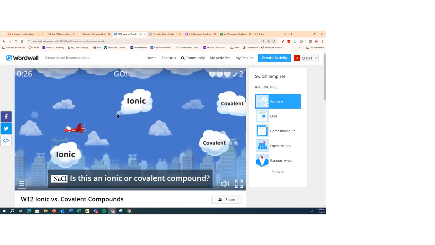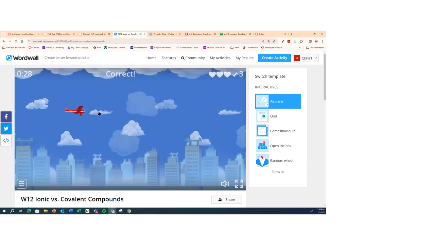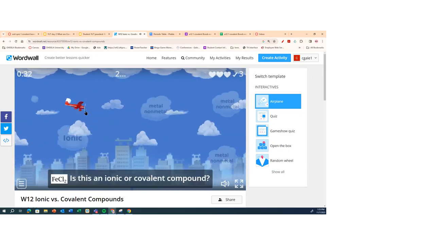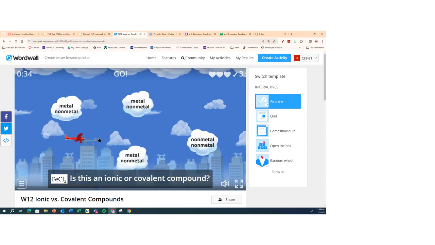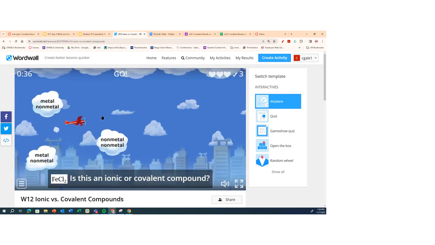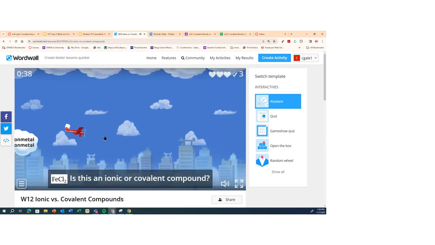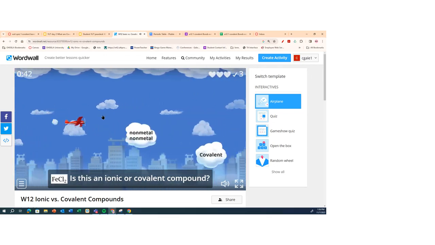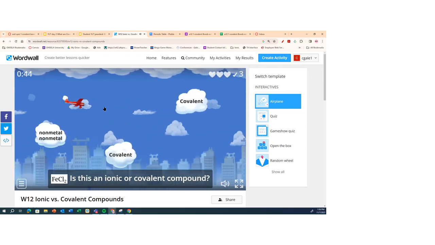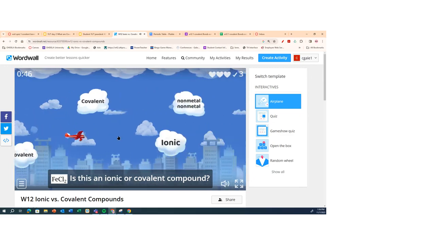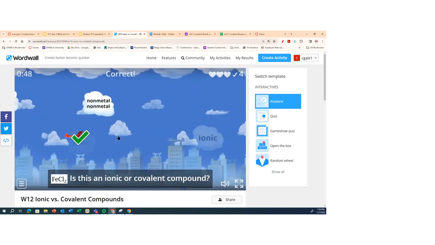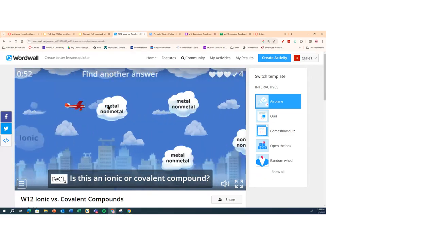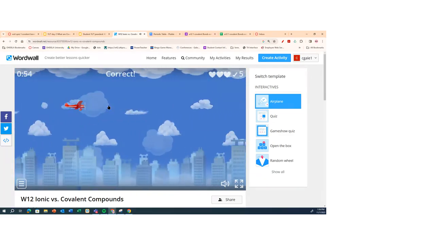NaCl is ionic, because it's got a metal first. Sodium is a metal, so that means it's not covalent. This is ionic, a metal and a non-metal.